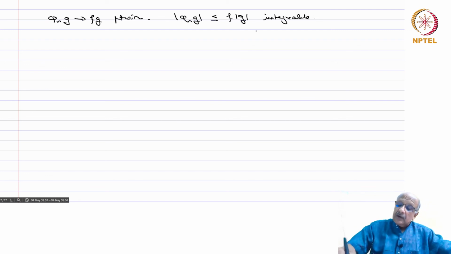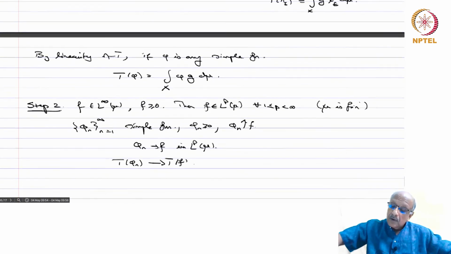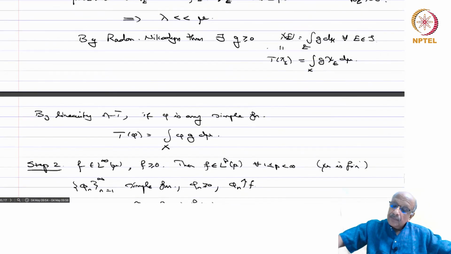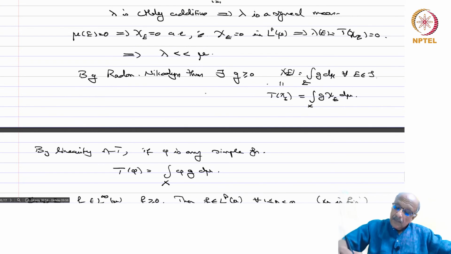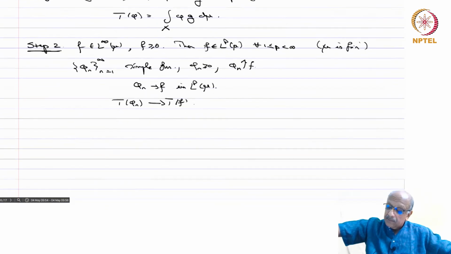Because g is integrable, because we have finite measure, so I forgot to say that. Okay, so therefore g has to be integrable.